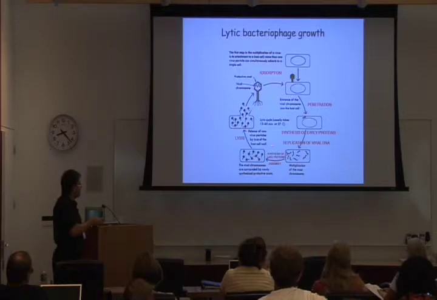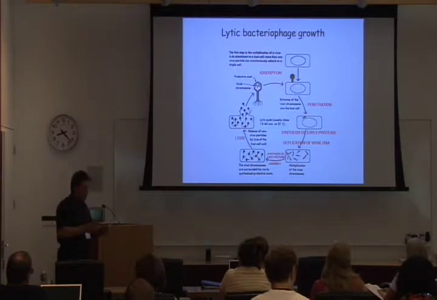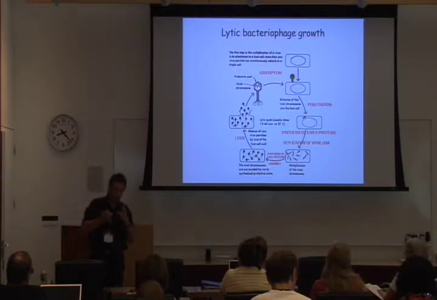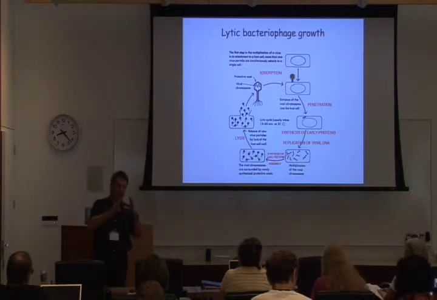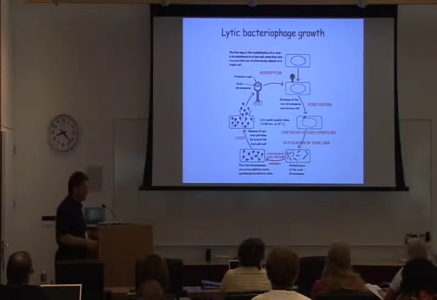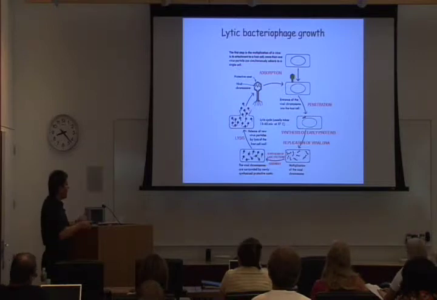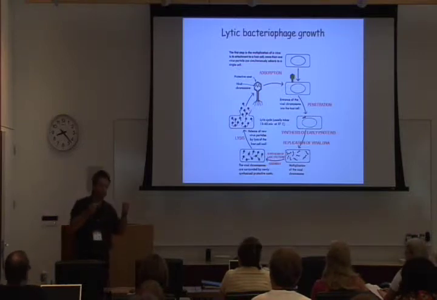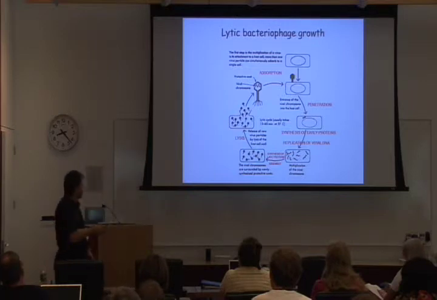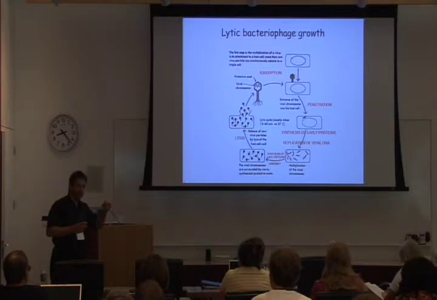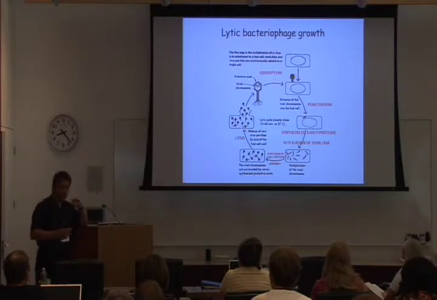The proteins have to be made that will assemble to form the viral structures themselves, the heads and the tails. There's a well-defined process of assembly in which the heads and tails are usually formed as separate structures. The viral DNA is packaged into the head, and then the tail is added.